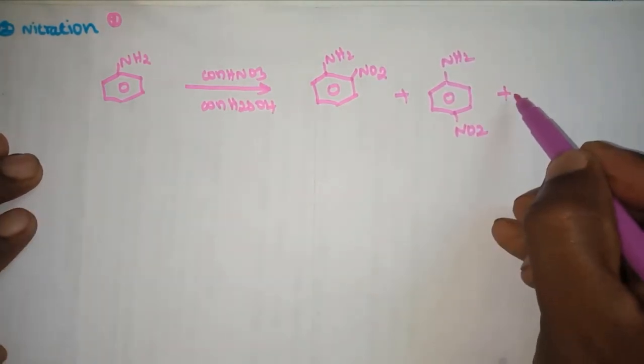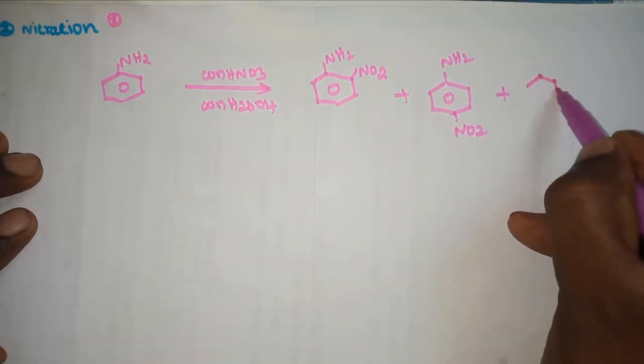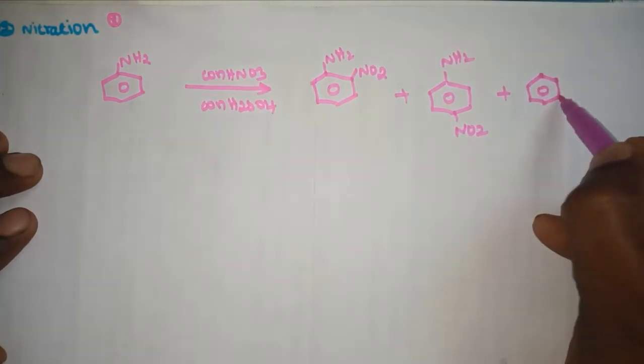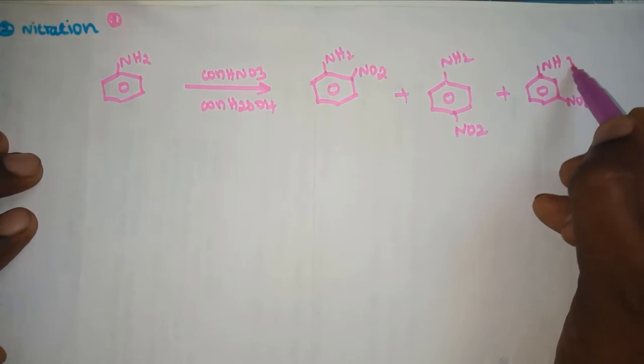In a strong acid medium, anilinium ion formation takes place. This anilinium ion is a meta-directing group, so a small amount of meta-nitroaniline formation also takes place.